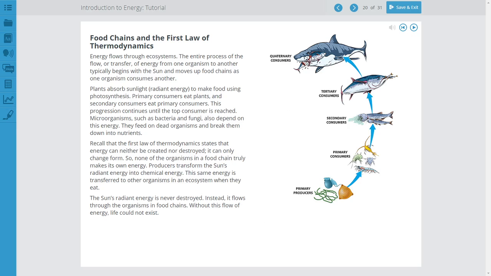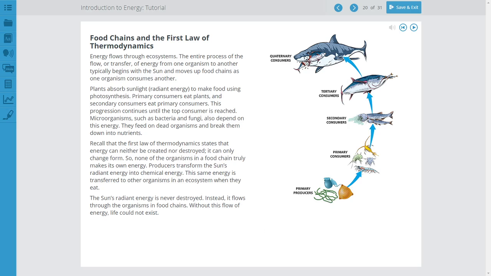And then you've got your quaternary consumers that ate the tertiary consumers that ate the secondary consumers that ate the primary consumers that ate the primary producers that got the energy from sunlight. Believe it or not, this shark, every bit of movement and metabolism it ever does in its entire life, ultimately through this chain of energy transfers, the energy for it came from the sun. Kind of crazy to think about, right?